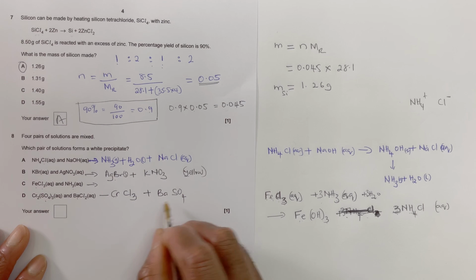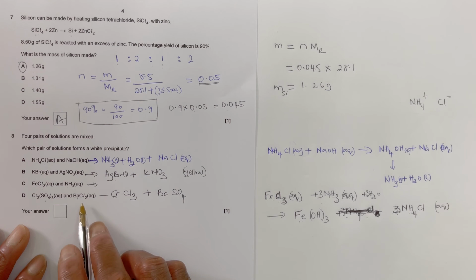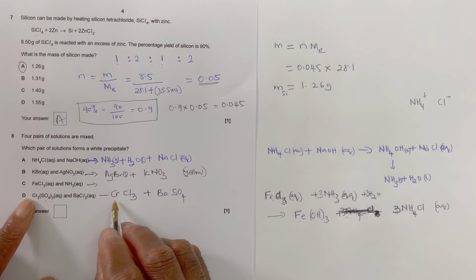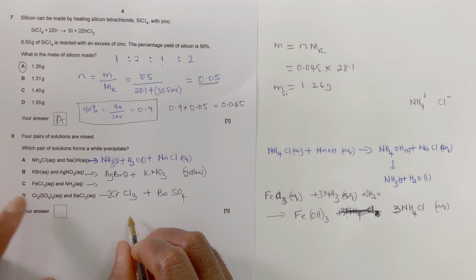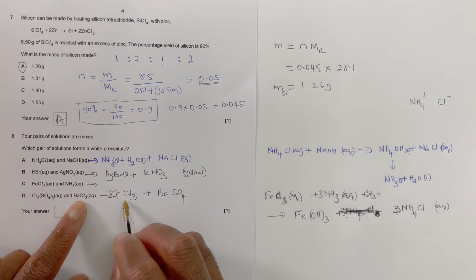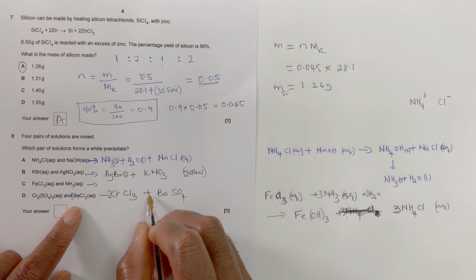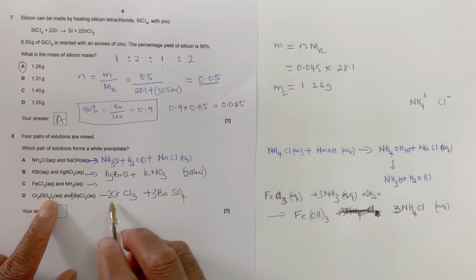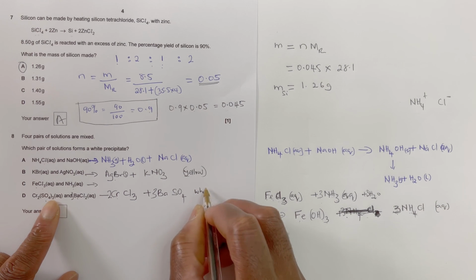So that balances out. If we balance this equation, we've got 2 of these. So if I stick 2 there, because there's 2 chromium and there's 2 chloride, I have to put 3 there. And that means there will be 3 there, because there's 3 sulfate. So that's balanced.